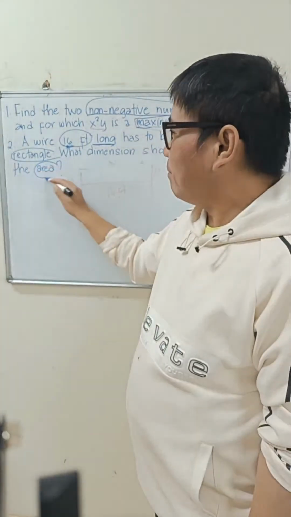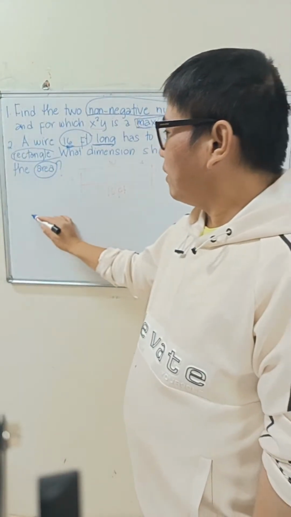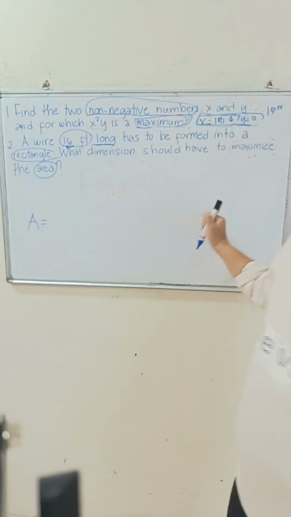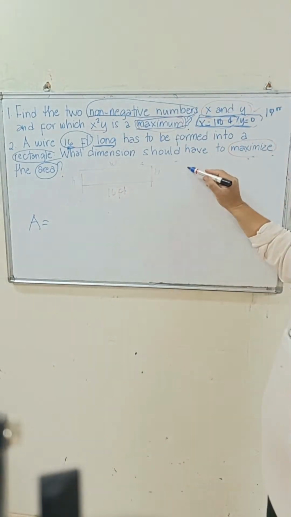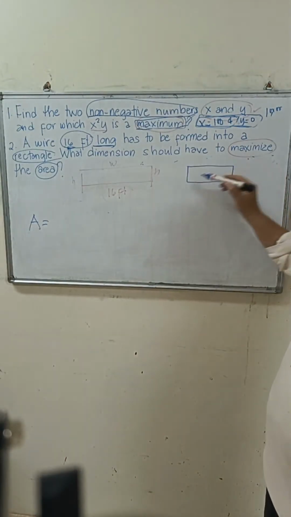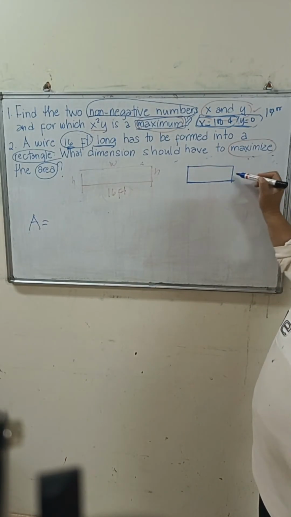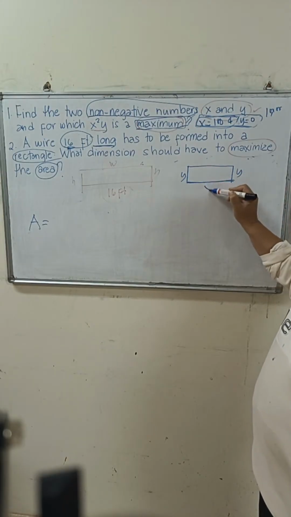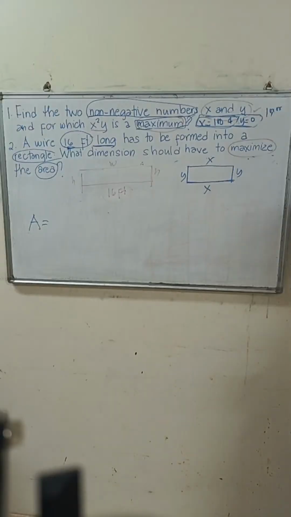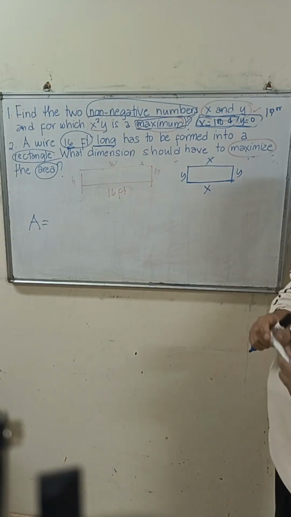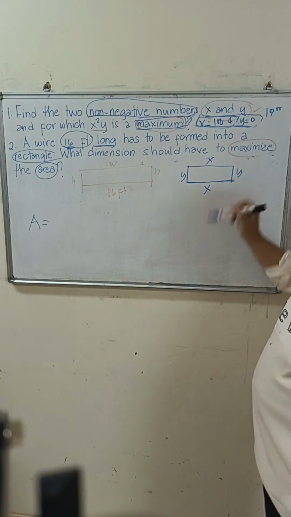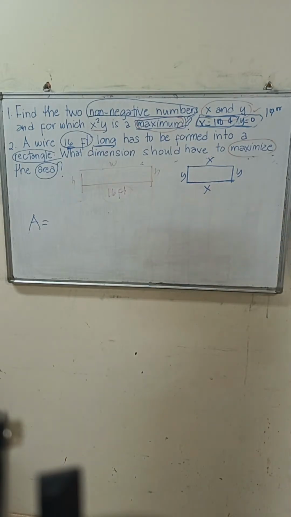So the area is being maximized. What is the area of a rectangle? Let us say this side is y and this side is x. The area is x times y, length times width, because rectangle and square have the same formula.